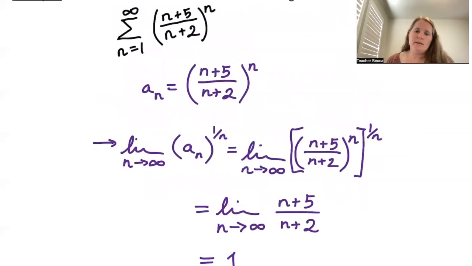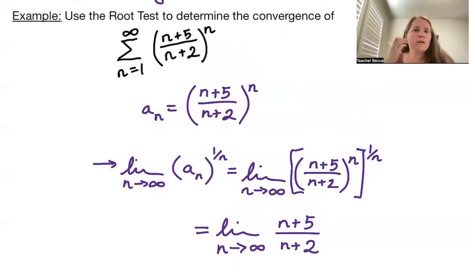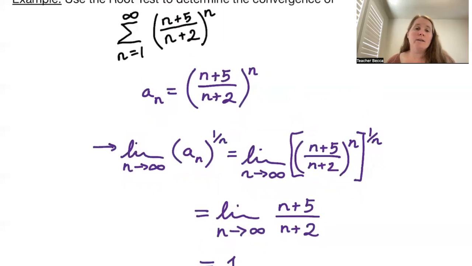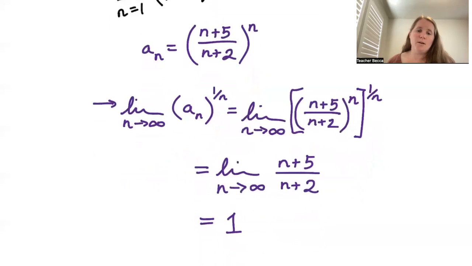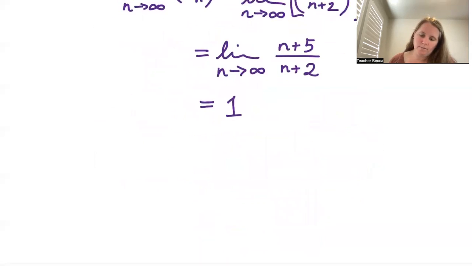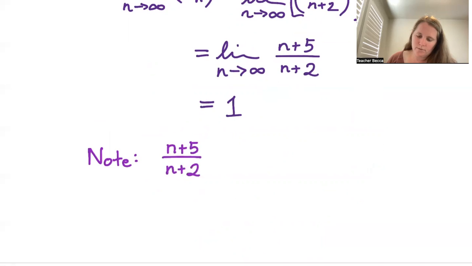Now note, this n plus 5 over n plus 2 is always going to be larger than 1 since the numerator will be larger than the denominator for n greater than or equal to 1. So note, n plus 5 over n plus 2 will be greater than or equal to 1.